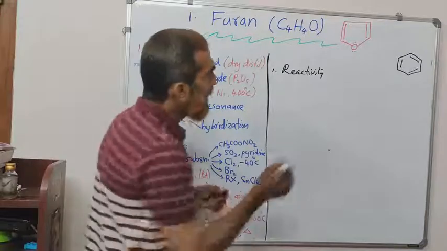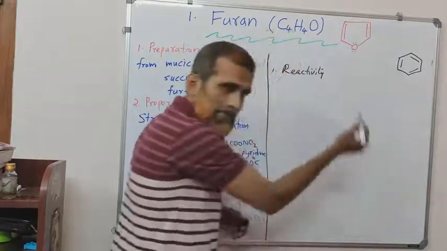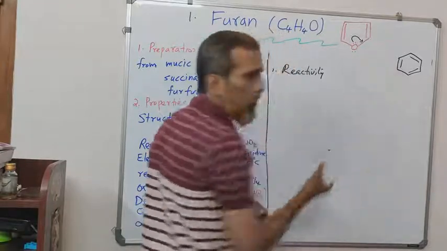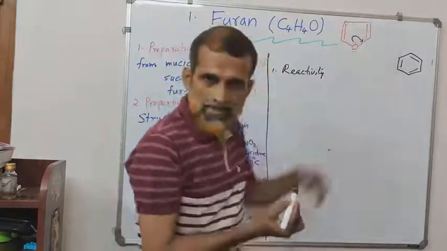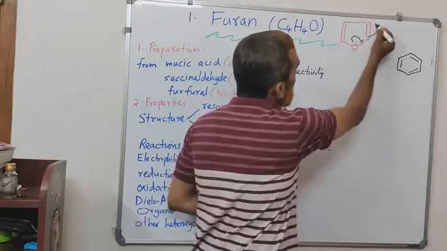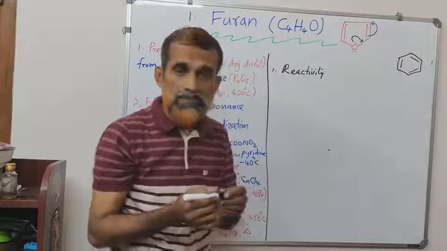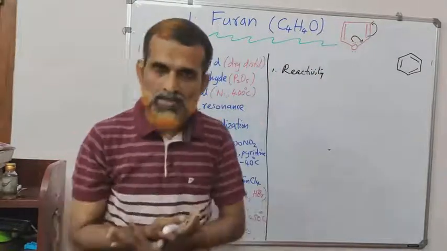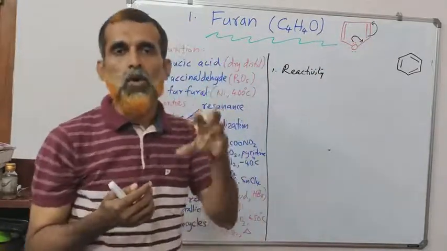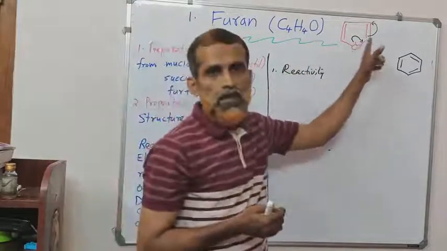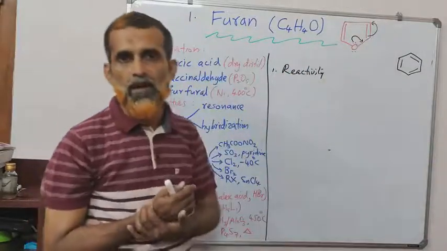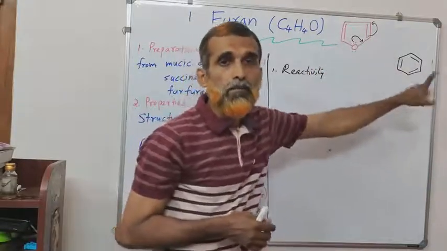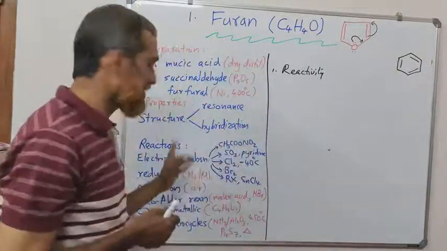Why, you know? Because during the resonance structure we have seen that the lone pair is moving over to the carbon atoms, right? We have seen that in all the 5 structures, negative charge appear on all the carbons, indicating what? Carbon become more electron rich due to this delocalization or resonance phenomena. So, furan is more reactive than benzene towards electrophilic substitution reaction.